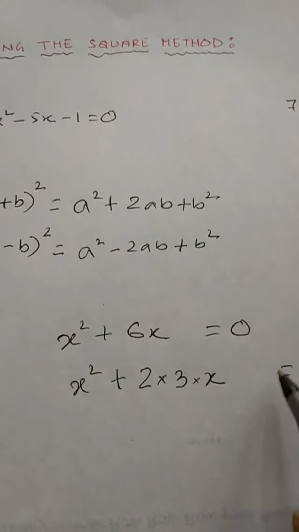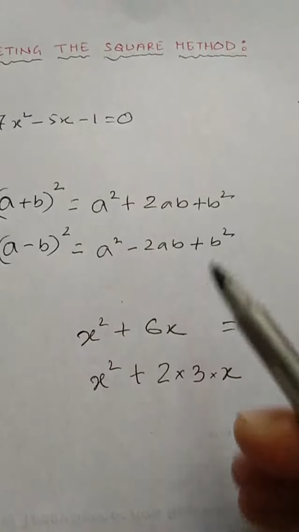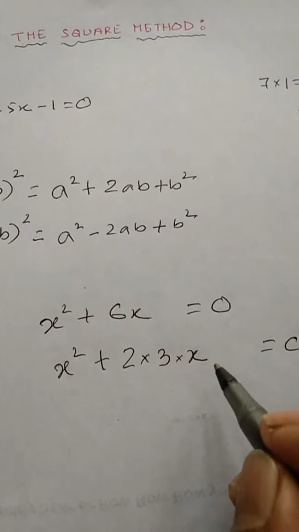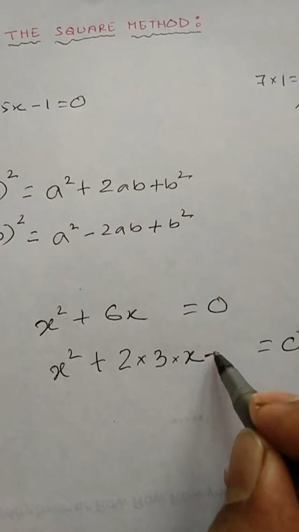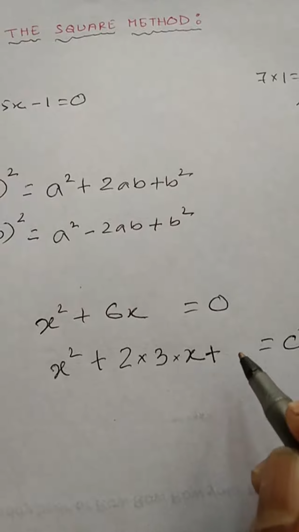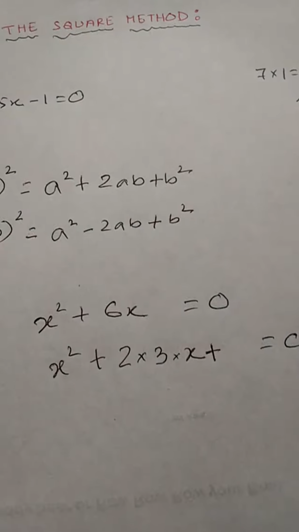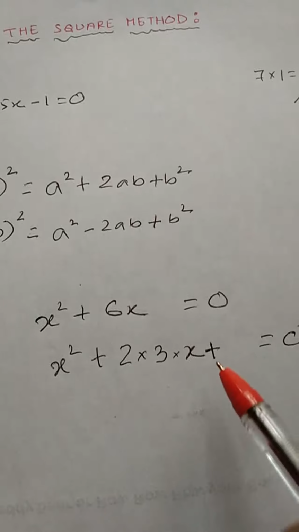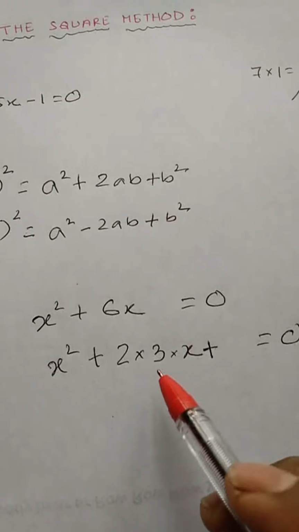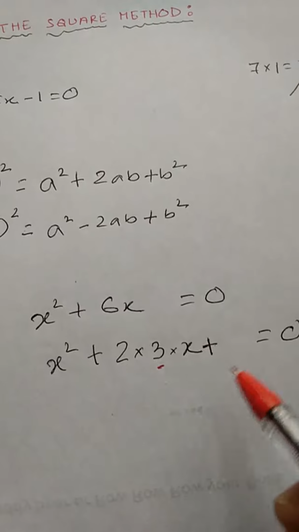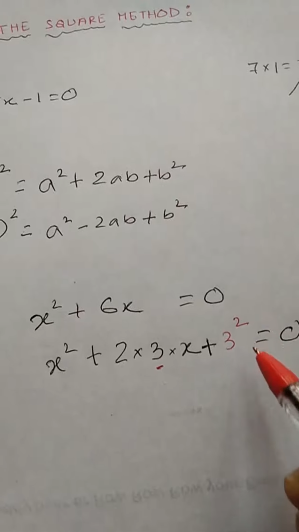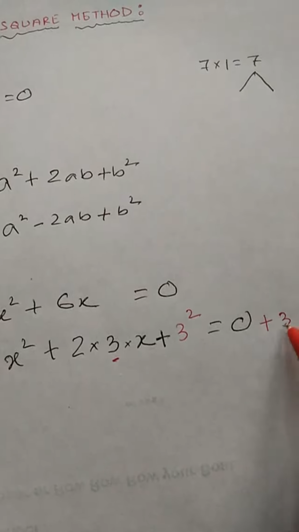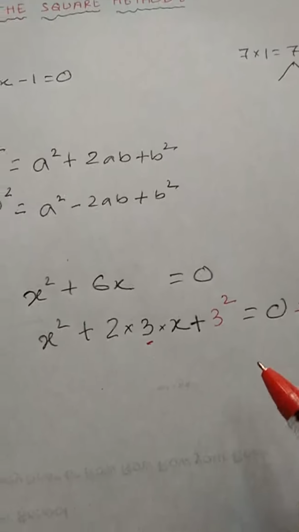Now if we want to complete the square, we'll have to add something, and obviously, if we compare with a square plus 2ab, we'll have to add the square of this term, that is 3 square. At the same time, this 3 square we have to add on the right side also, because this is one equation.